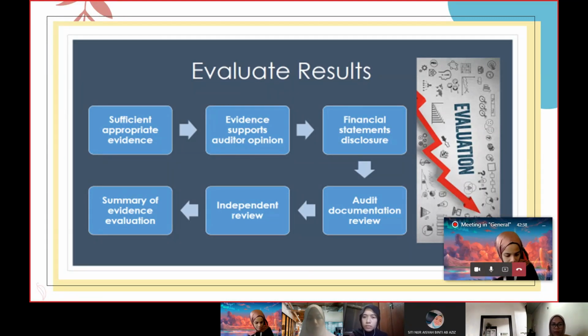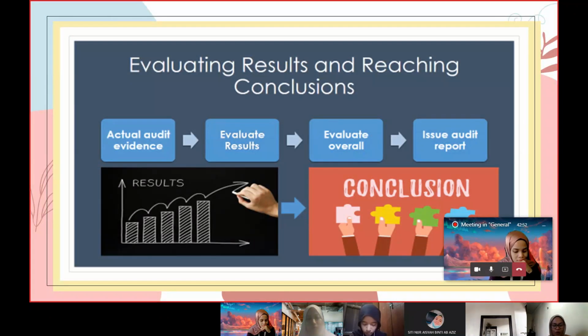This 6 point is about how to evaluate the results for compatibility and to meet the CPA standard of performance. So next, I'm going to share about evaluating the result and reaching a conclusion.